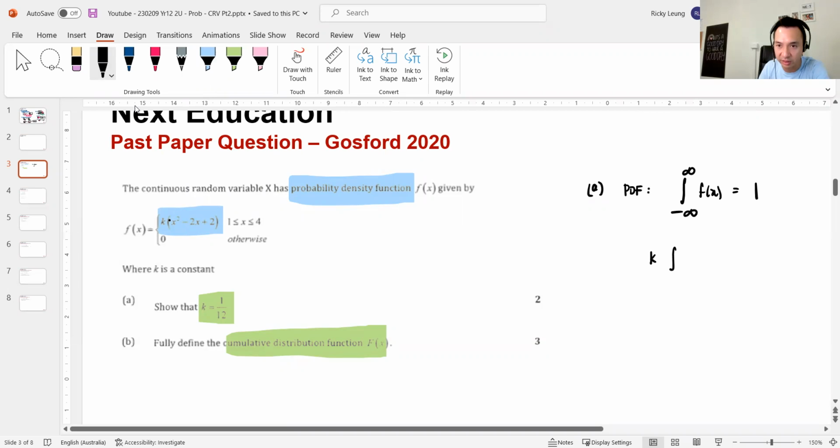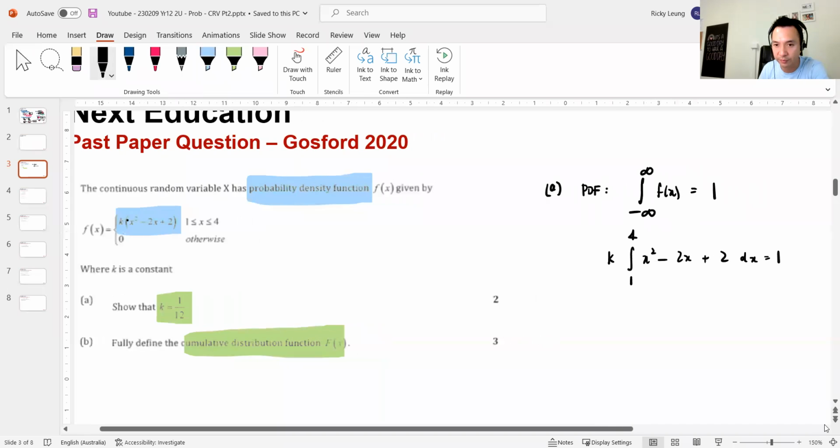Now, my negative infinity to infinity is just basically my lower and upper limit, so it's 1 and 4, of x squared minus 2x plus 2 dx, should equal 1. Very easy to integrate. So x cubed over 3 minus x squared plus 2x, from 4 to 1, equals 1.